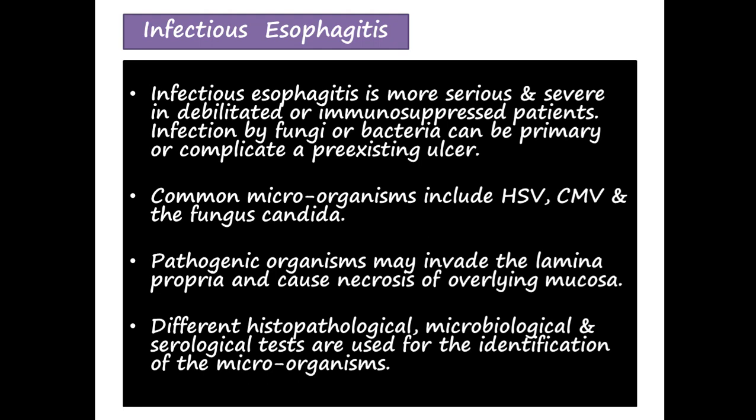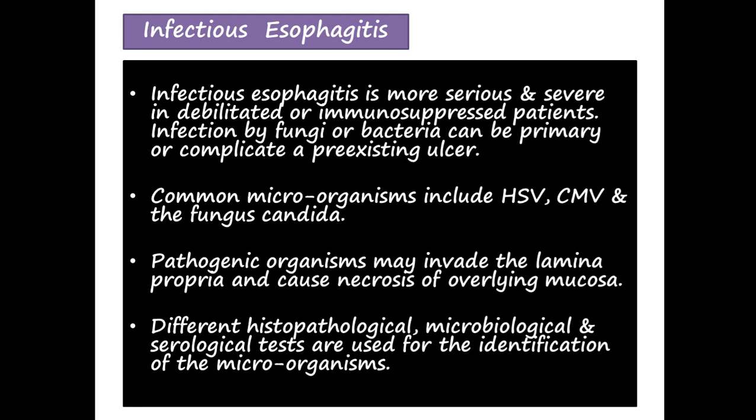So the infection may be primarily of the esophagus, or it may occur as a complication of a pre-existing injury or ulcer in the esophagus. If there is an ulcer already present in the esophagus, the infection will be more common in that region.